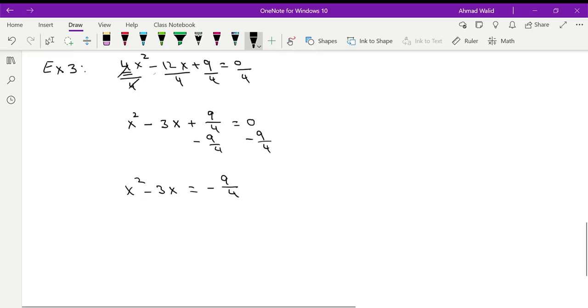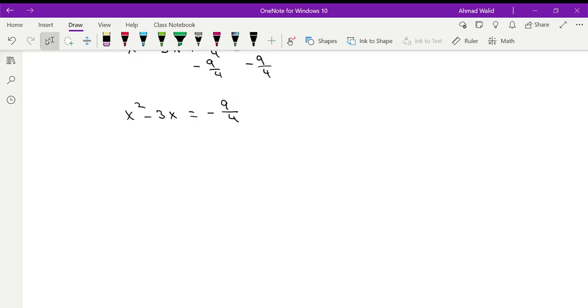Next step, start completing the square. Take the half of b, square it, add it to both sides. Means x squared minus 3x plus 3 over 2 squared equals negative 9 over 4 plus 3 over 2 squared.